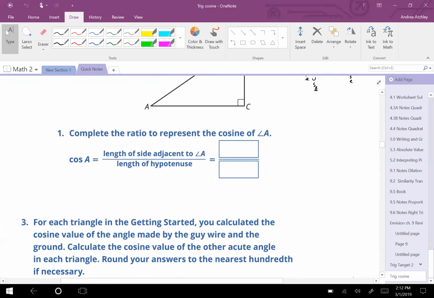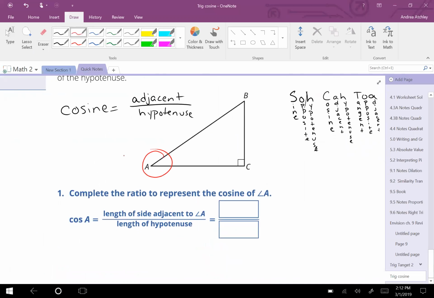Okay, complete the ratio to represent the cosine of A. So in this triangle, I'm going to circle A. Everyone labels opposite, adjacent, and hypotenuse for me. Okay, Ryan L, what is it called? The opposite, or the adjacent side?